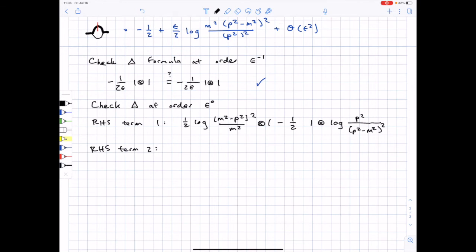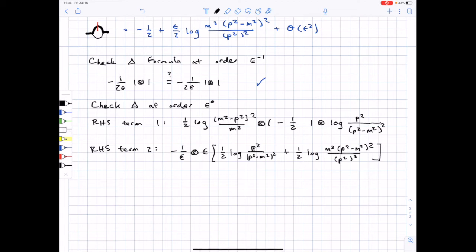So collecting all those terms, we have minus 1 over epsilon, tensor epsilon, and then inside the sum we have 1/2 log p squared over p squared minus m squared squared plus 1/2 log m squared p squared minus m squared squared over p squared squared.